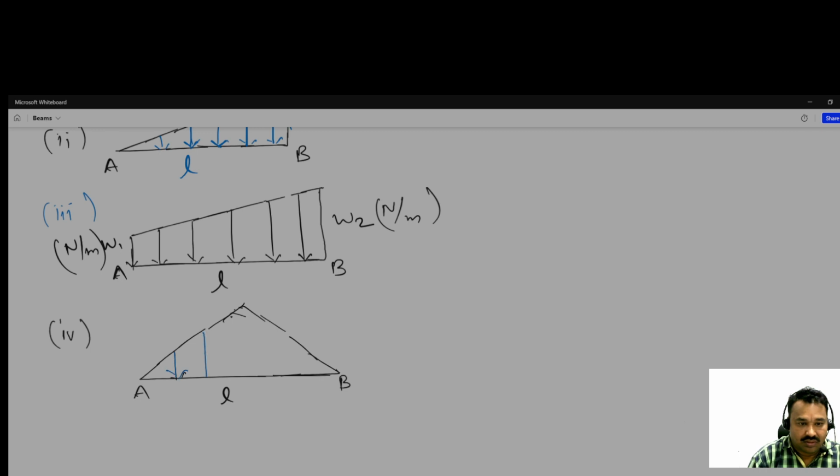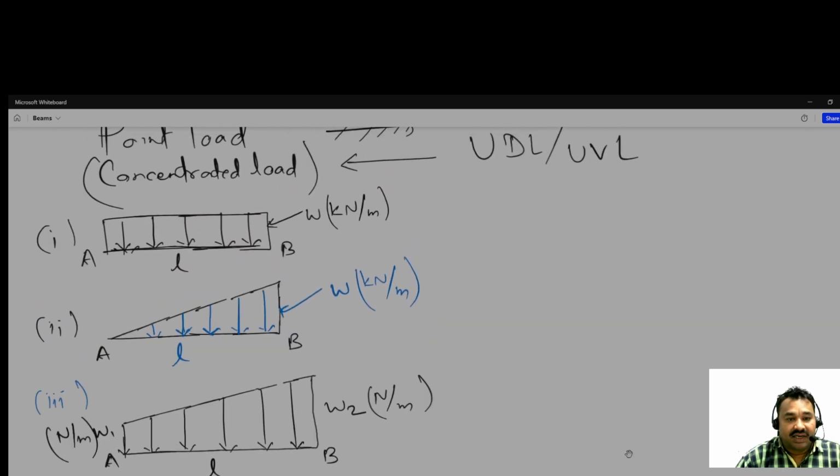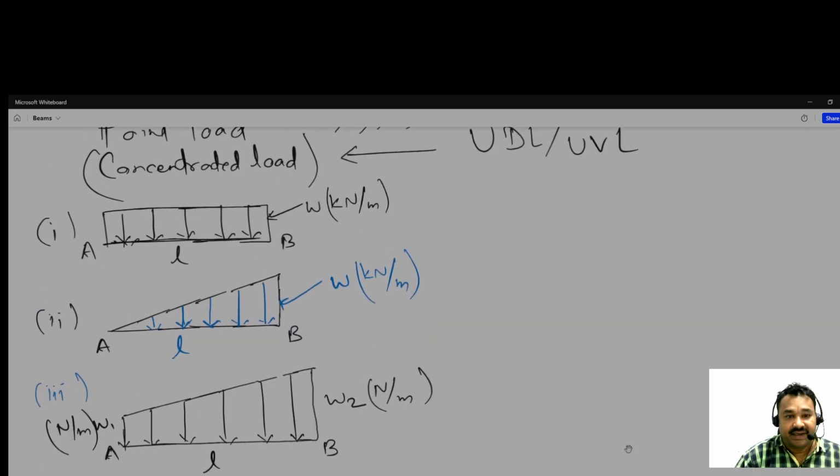So now our task is to convert it into point load, and we have to locate the loads.